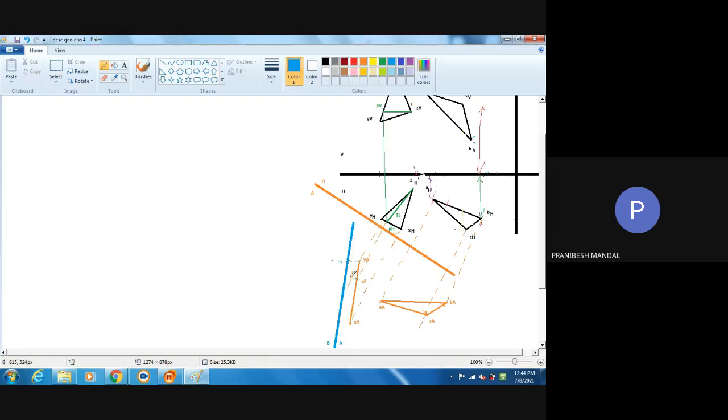So this is a trick: always take the planes nearer so that you need not go very far. Okay.